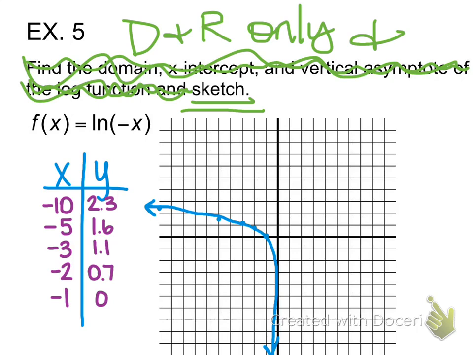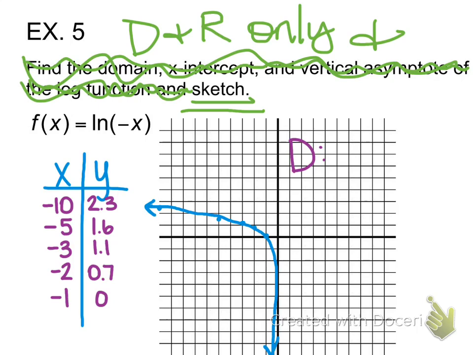So now let's talk about domain and range. Domain are the possible x values, and range are the possible y values. Okay, so for the domain, I think about from left to right, what is my graph doing? How far left is this graph going to go?